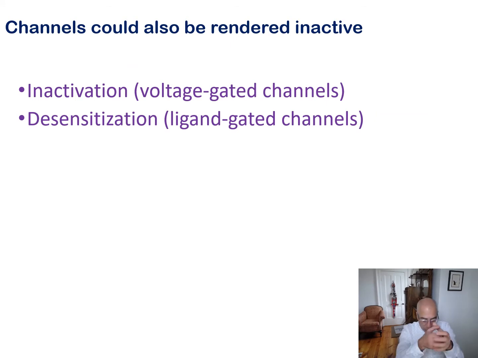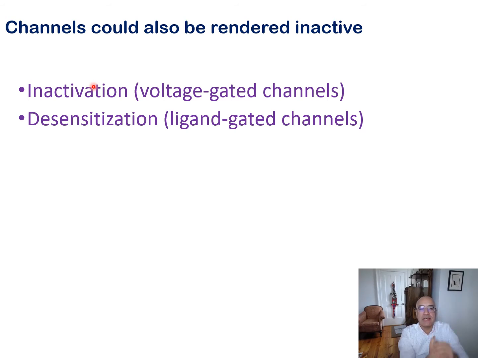Channels, in addition to opening and closing their pore, which is the gating of the channel, could be rendered inactive. They get rendered inactive when the pore is open through a separate process. Voltage-gated channels, when the pore opens, often have a property that a part of the channel comes back and clogs the pore.